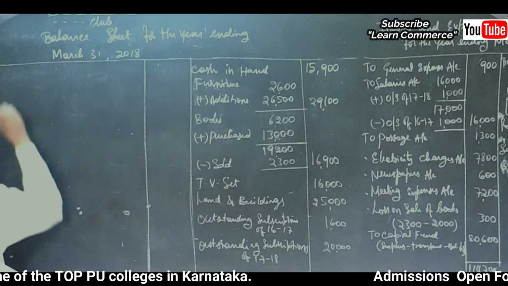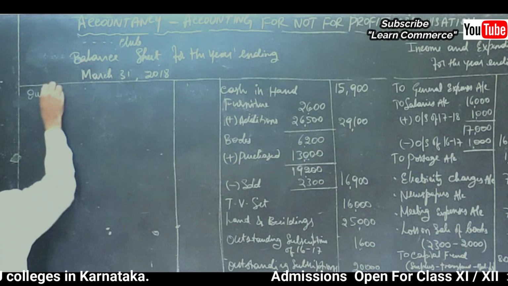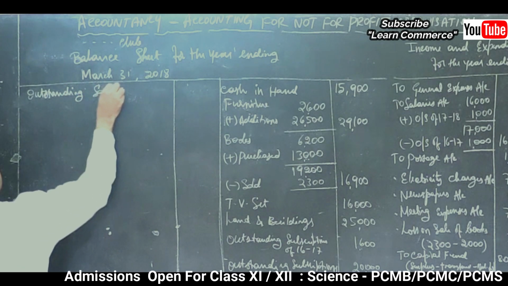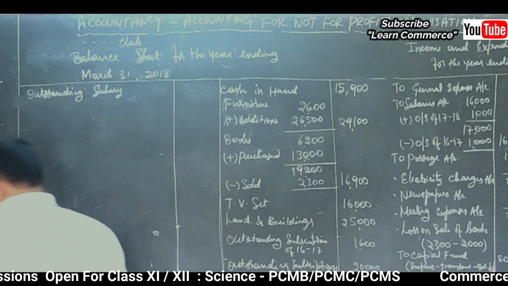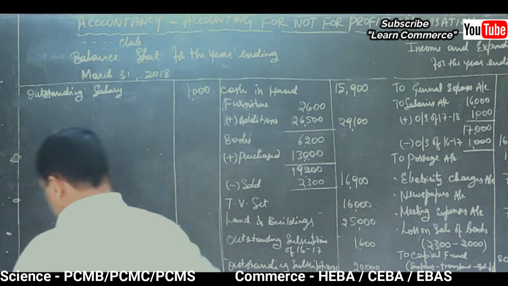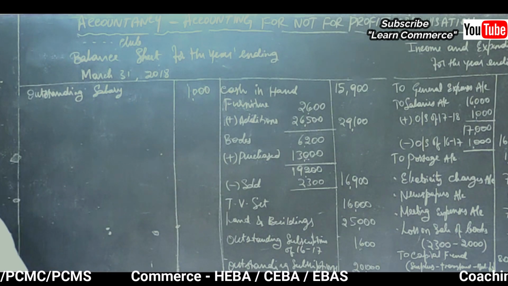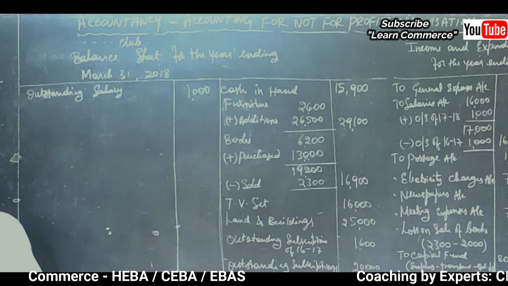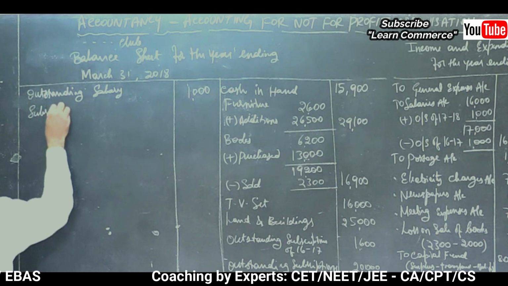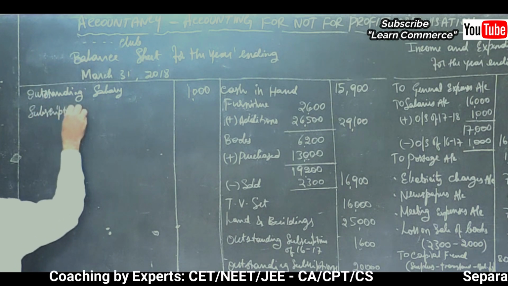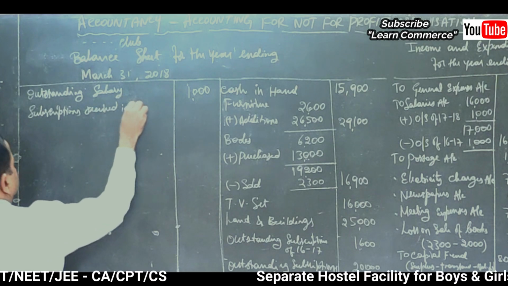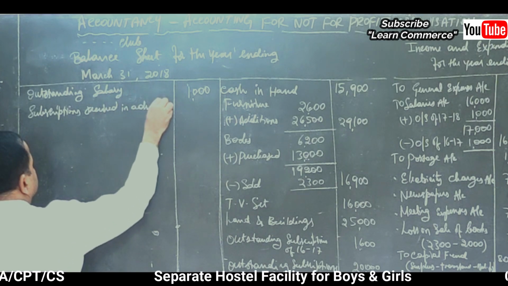Move on to the liability side. Outstanding salary. How much is it? 1,000. Subscriptions received in advance.